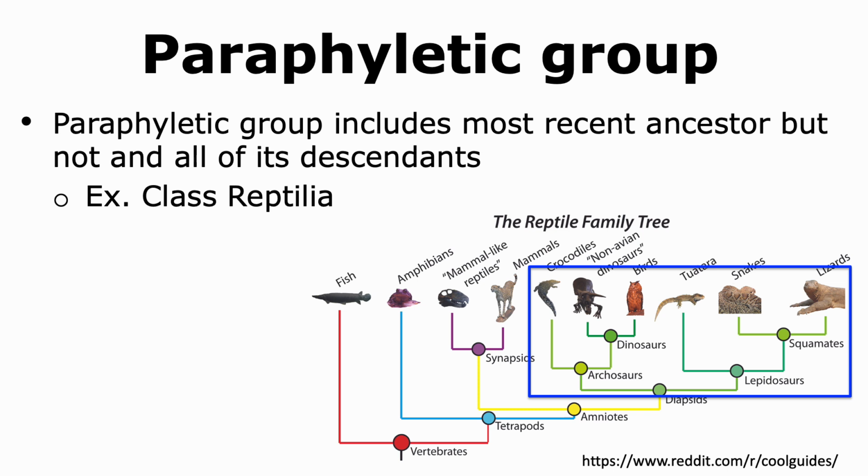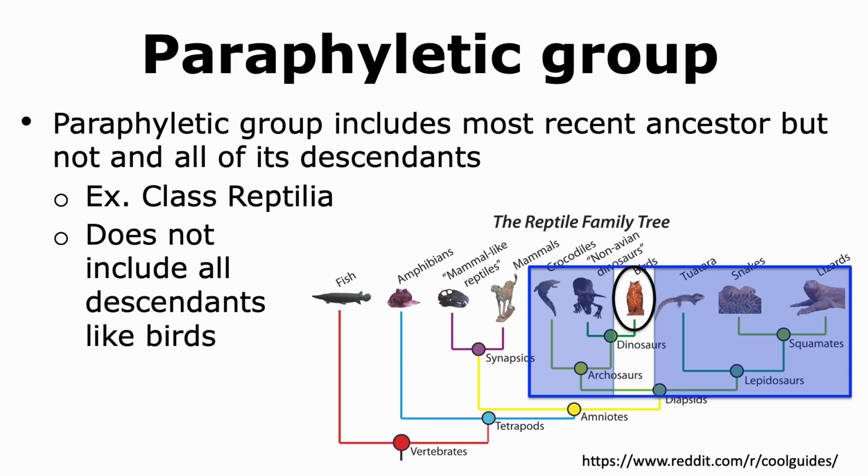When we look at all of these descendants, only the ones in the shaded boxes come under the class of Reptilia. We are able to see a glaring exception of a descendant that is not included in this class, and that includes birds. The phylogenetic tree clearly shows that birds did descend from ancestors that gave rise to all other reptiles.